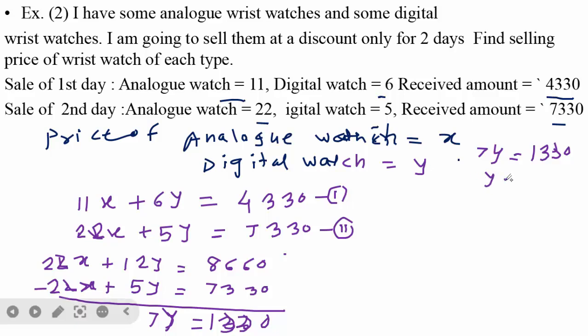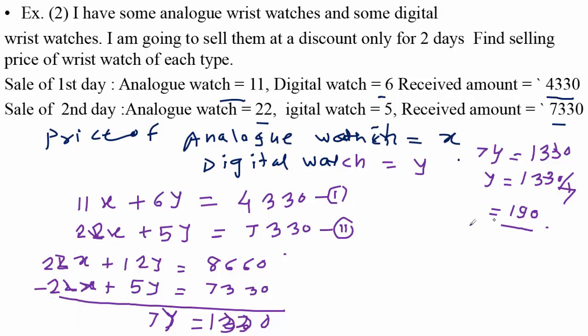Therefore, y equal to 1330 by 7, that is equal to 190. Rupees 190 is the price of digital watch.